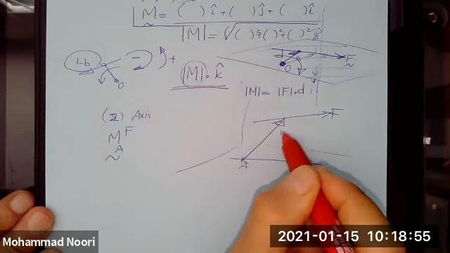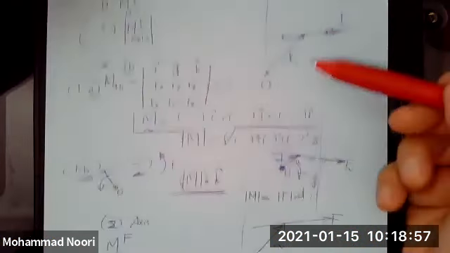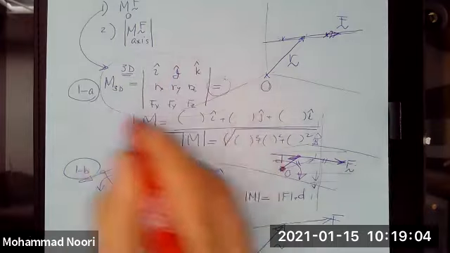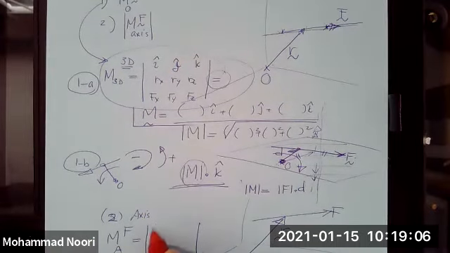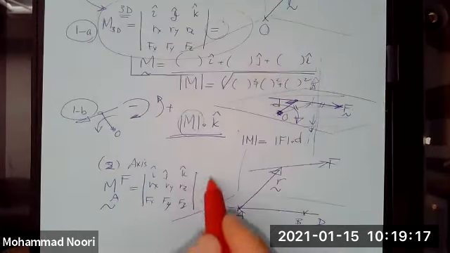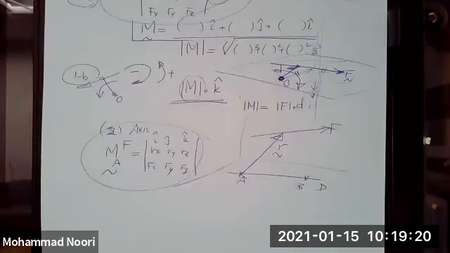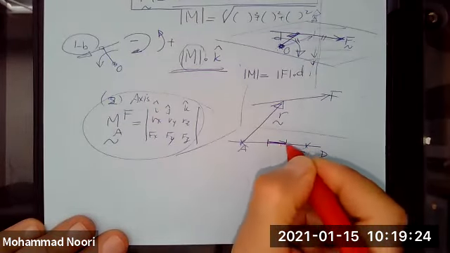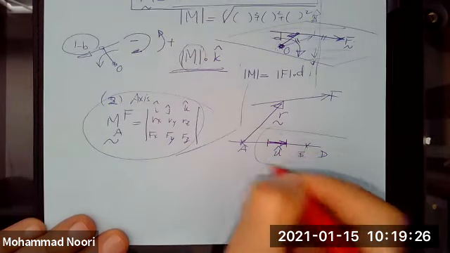That means you draw, again, a position vector, like in this case. So this moment obviously would be found that same way: i, j, k, r_x, r_y, r_z, and F_x, F_y, F_z. Once you have found this, then you consider the unit vector along that direction.